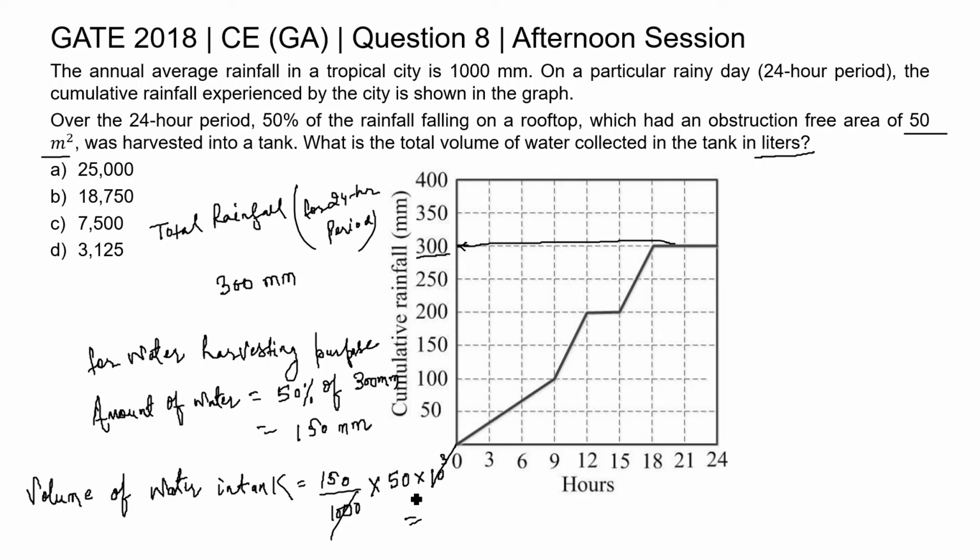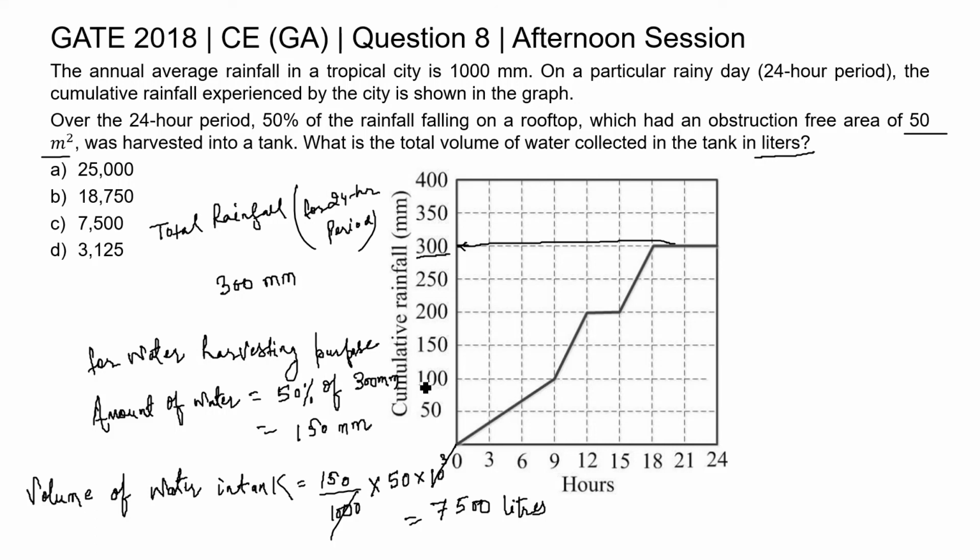So 15 into 5, 75, and this is 00. So 7500 liters. So this 7500 liters of rainwater will be collected into the tank for this water harvesting purpose.